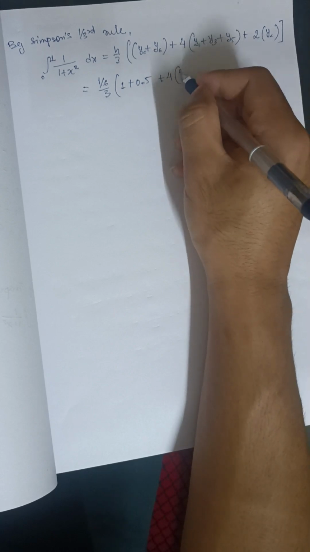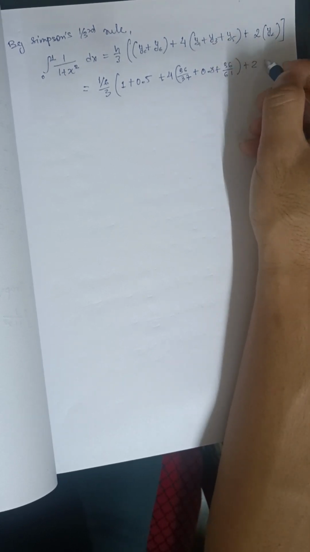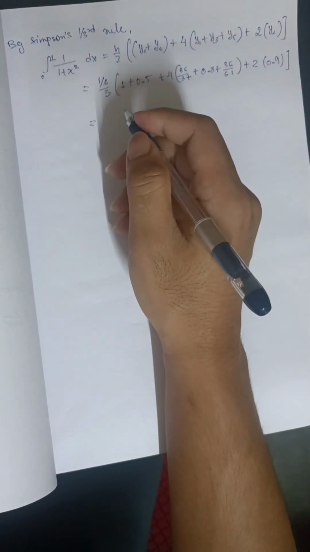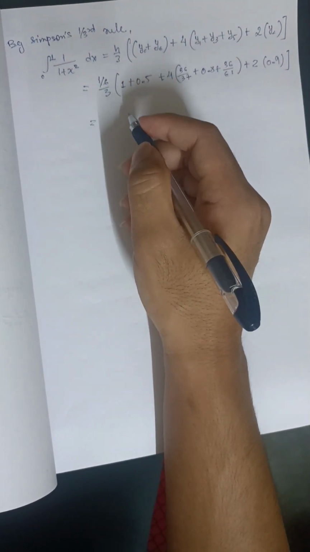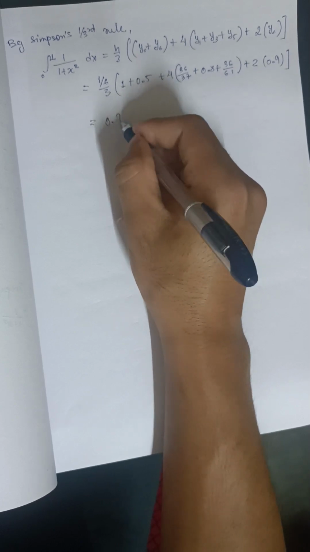Plus 4 times y1 we've got 36 upon 37, our y3 we've got 0.8, and then our y5 we've got 36 upon 61, plus 2 times y2, which is 0.9. So solving all this, we'll get its value approximately 0.785396.